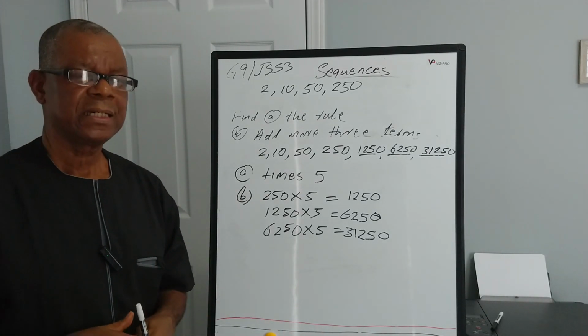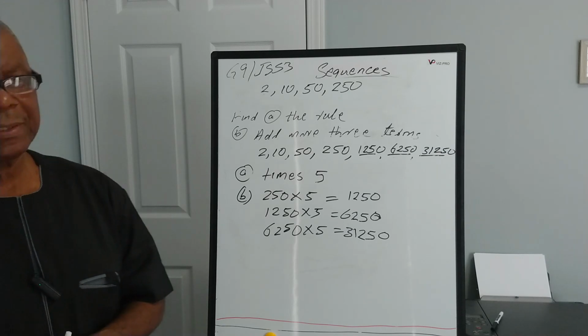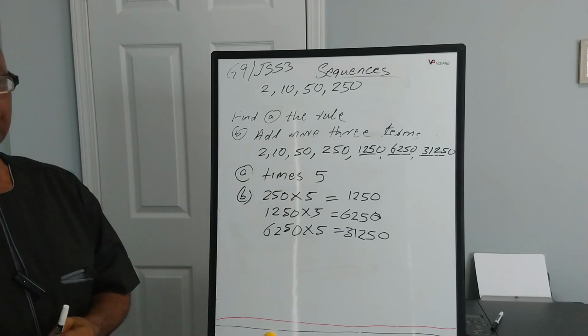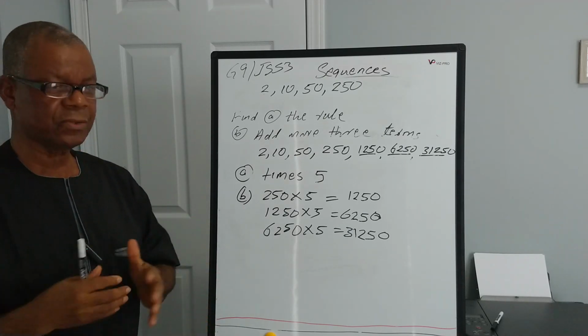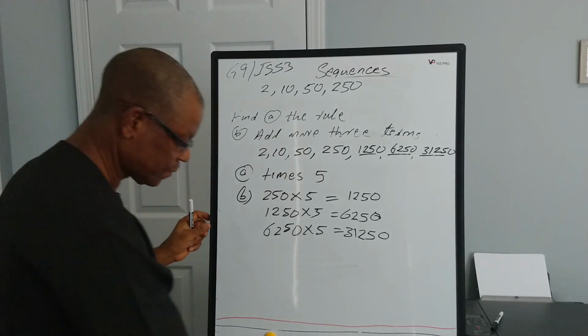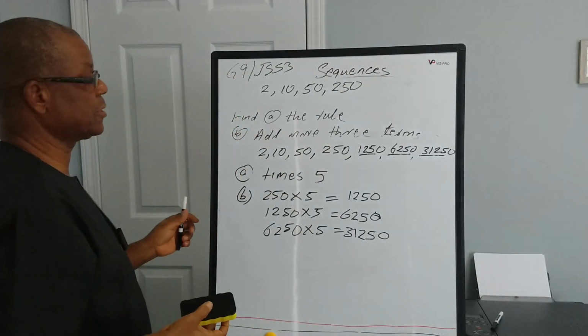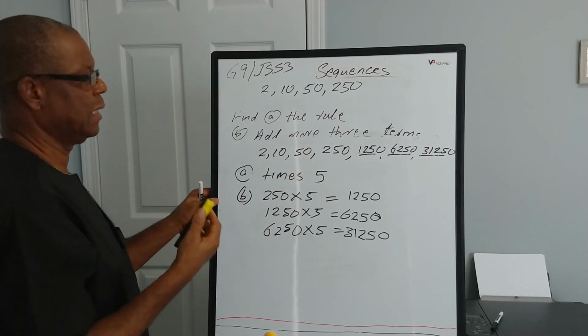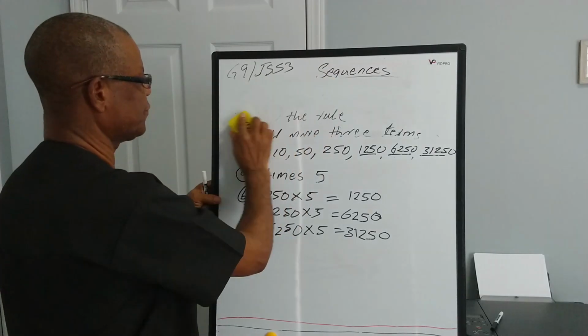A sequence can be arithmetical or it can be geometrical. Let's look at the two situations. What are the examples for each of these?